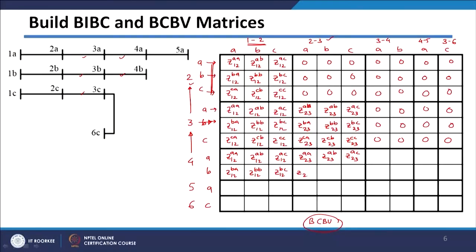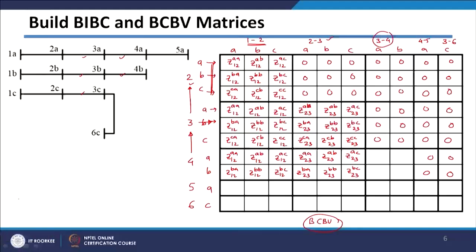Z 2 3 BA, Z 2 3 BB, Z 2 3 BC, and as it is. And as I told you, next step is, since it is branch 3 4, we need to put at this location, we need to replace this by impedance of branch 3 4, since there are only 2 phases existing between 3 and 4.